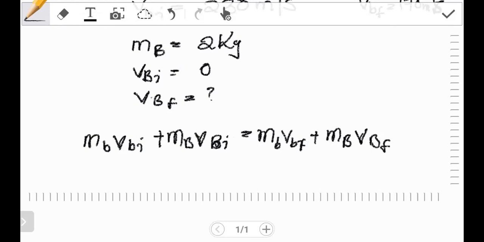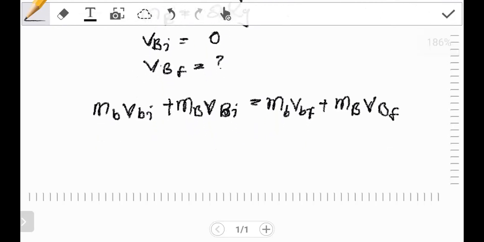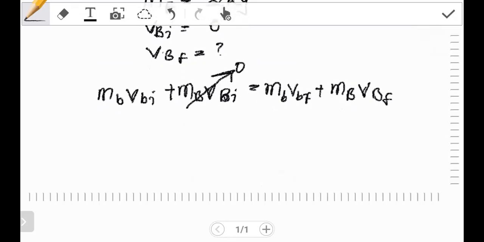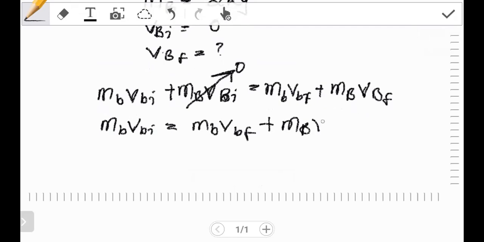Okay, now this is the conservation of momentum, and since VB initial is 0, this term will be 0. What we're remaining with is the equation MB VB initial is equal to MB VB final plus MB VB final.